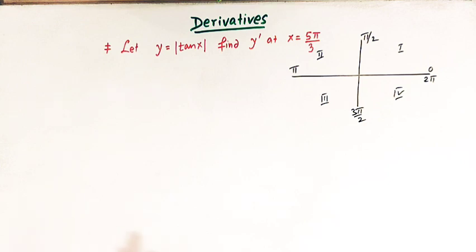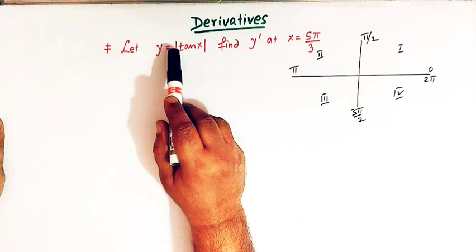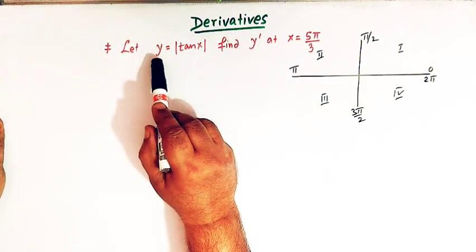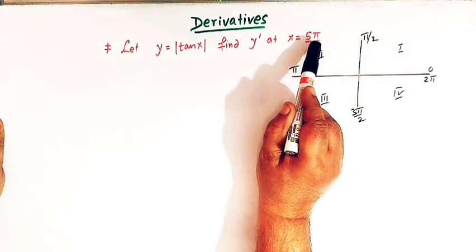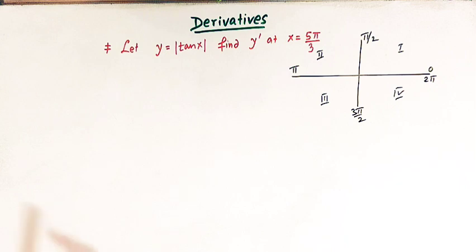So now let us consider the second problem. Here we are given the function y is equal to mod of tan x, and we have to find the derivative of y at x is equal to 5 pi by 3. Now let us see the sign convention of the tan function in the four quadrants.